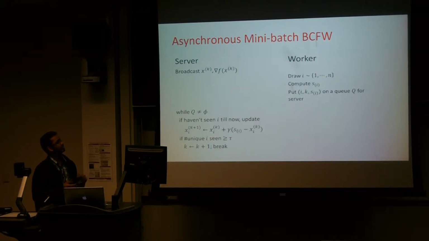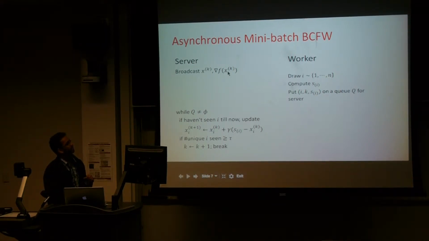This describes one iteration of our asynchronous method. The server has the current iterate xk and the full gradient at the current iterate.